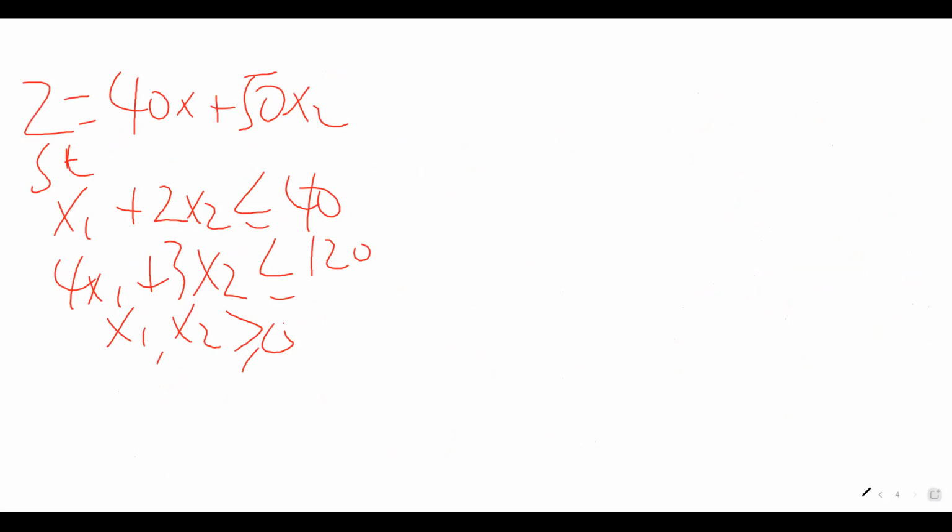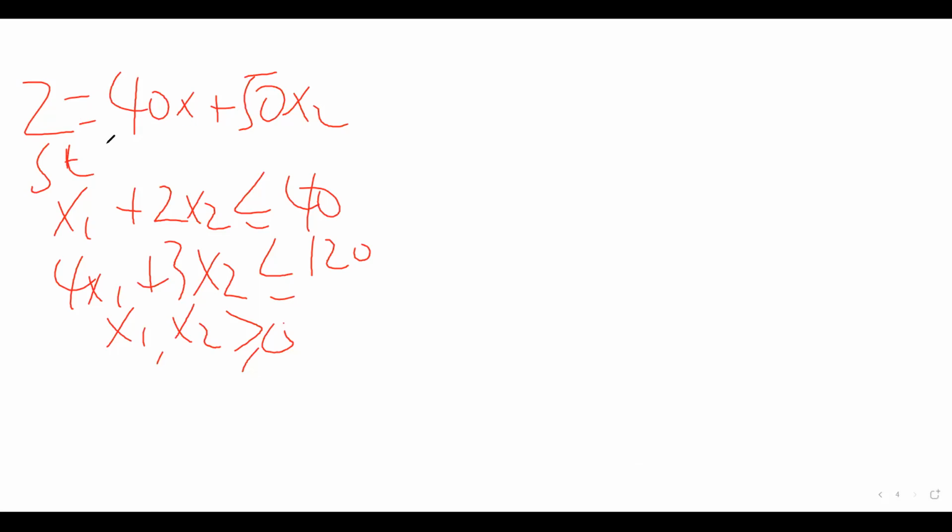You now know the coordinates. So to get the actual values for z, you put each of the vertices into z to find which one gives the greatest z value. Why greatest? Because you are making profit, so you want the biggest profit.